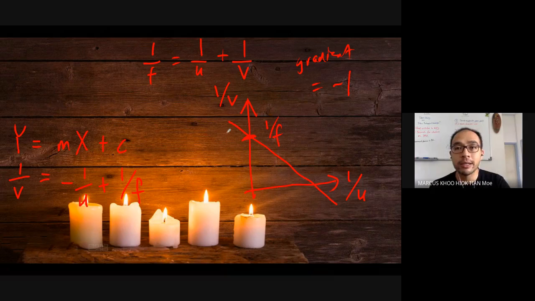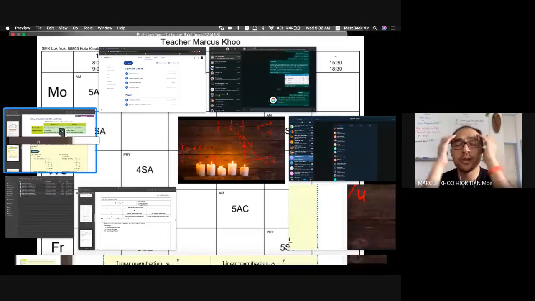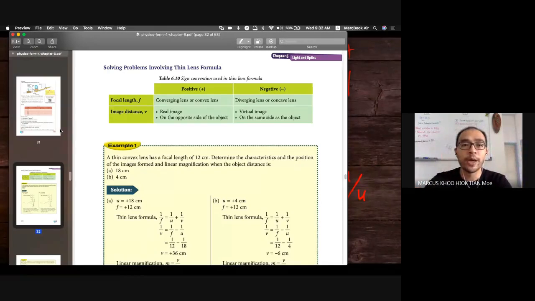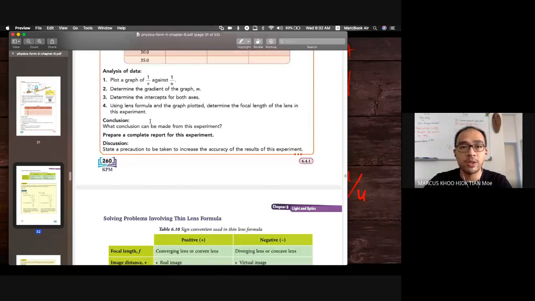We call this the graph method. And of course, whenever we talk about graph method, it means we have to talk about an experiment. So please turn to page 259 in your textbook, because I want to talk about the experiment that we need to do also. I know this is probably the last experiment, but you need to do this experiment as well.